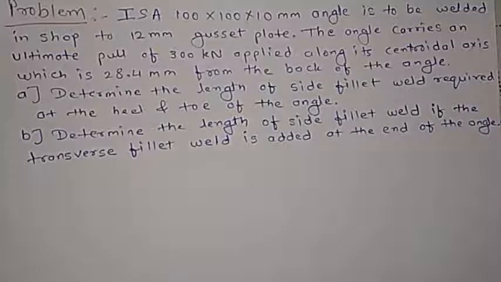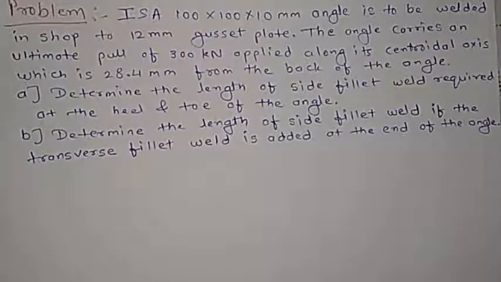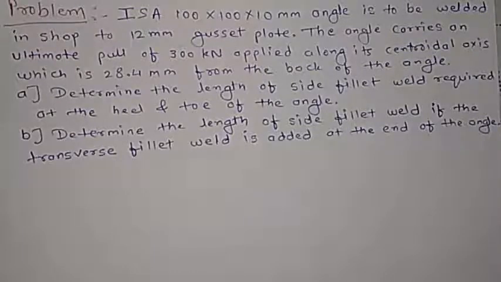You need to determine two parts. The first part is the length of the side fillet weld required at the heel and toe of the angle, and the second part is the length of the side fillet weld when the transverse fillet weld is added at the end of the angle. So we'll be solving these two parts in this problem.